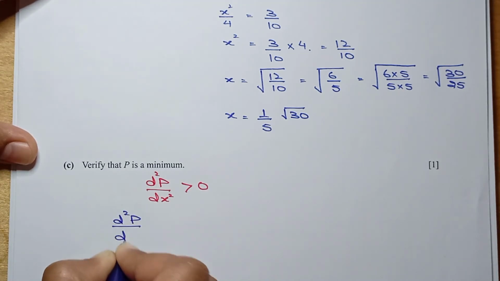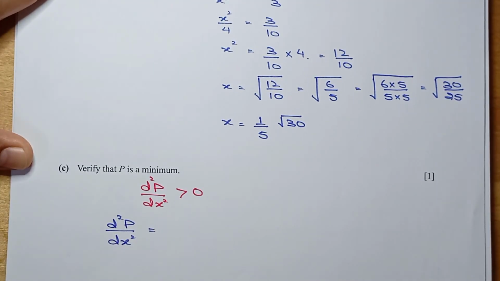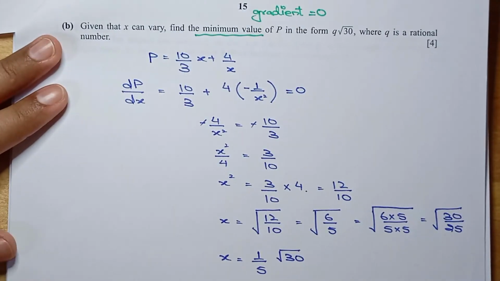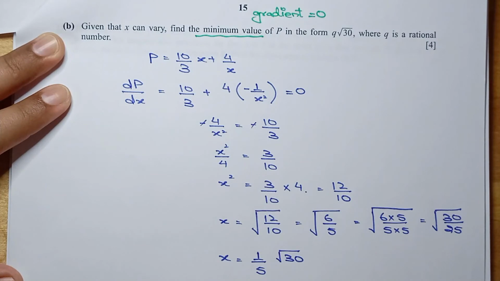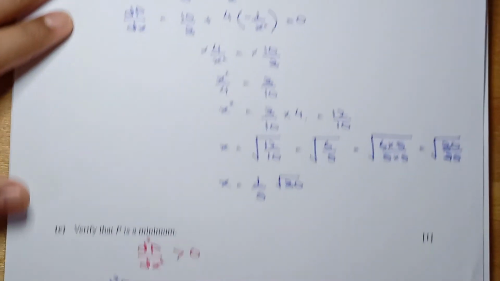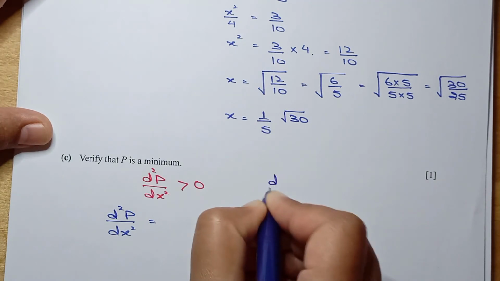The first derivative is 10 by 3 minus 4x to the power minus 2. Let me write it down here.